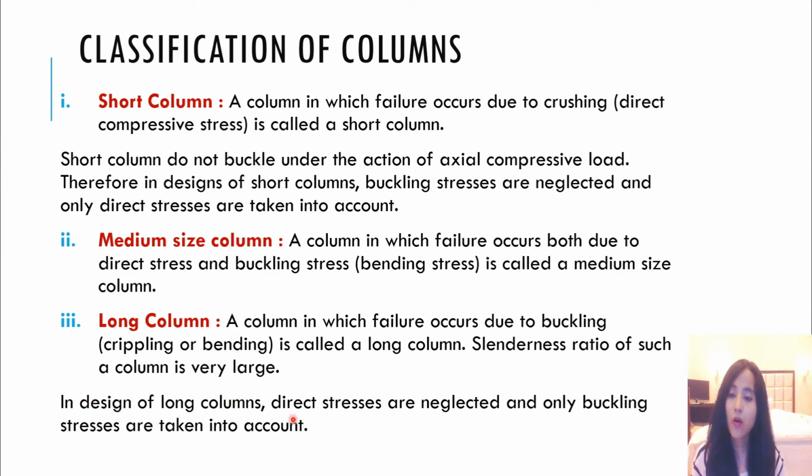In design of long columns, direct stresses are neglected and only buckling stresses are taken into account. So direct stresses की वजह से long column fail नहीं होते हैं, इसलिए हम direct stresses को neglect कर देते हैं, and only because of buckling stresses long columns fail होते हैं. So we will only take buckling stresses when we design long columns.